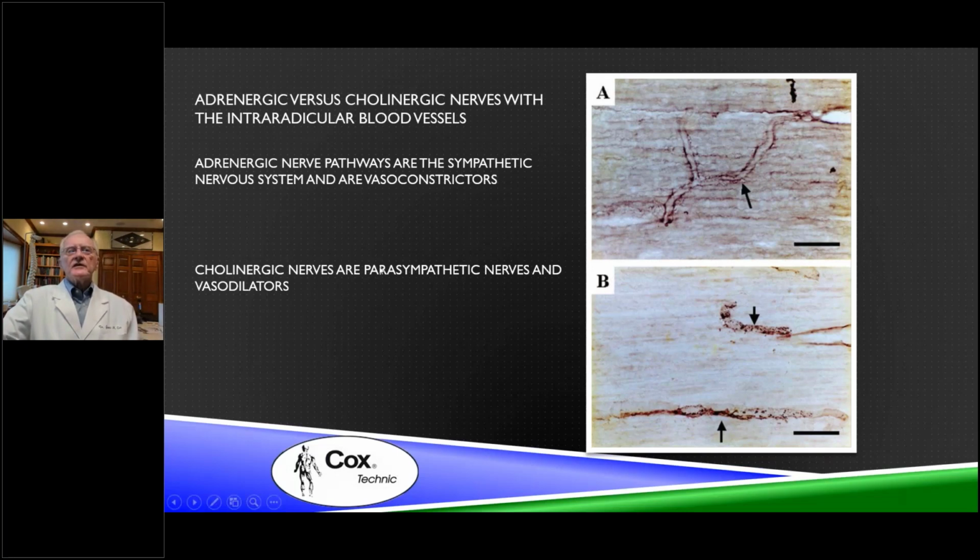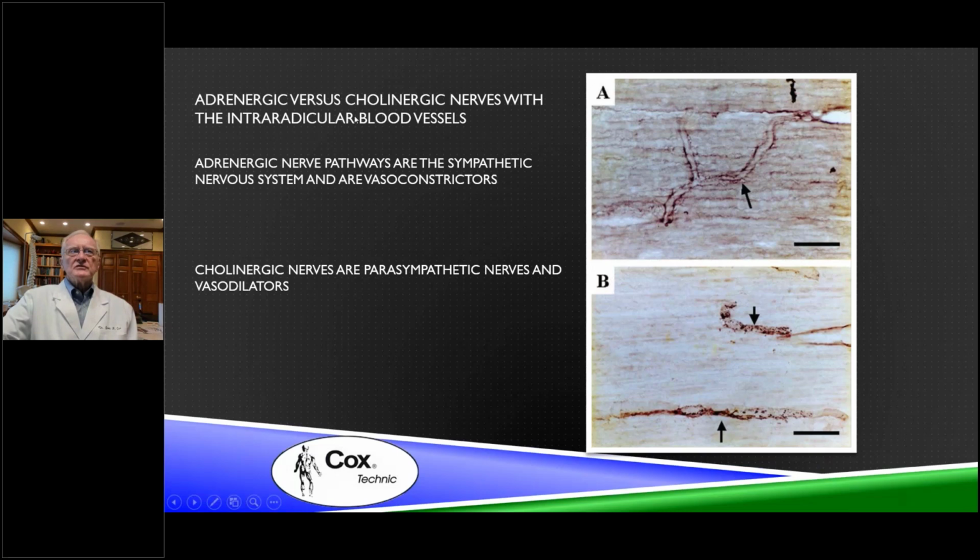But when we stimulate parasympathetics, we bring about vasodilatation, relaxation, and calmness. When we stimulate sympathetics, what do we produce? Vasoconstriction, irritation, stress, and tension.